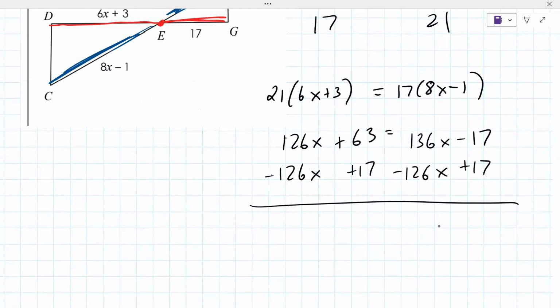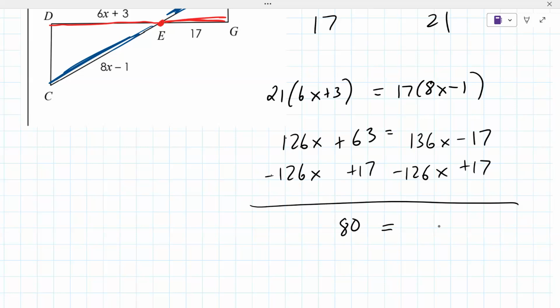What does the left side become? What does the right side become? So 80 equals 10x.